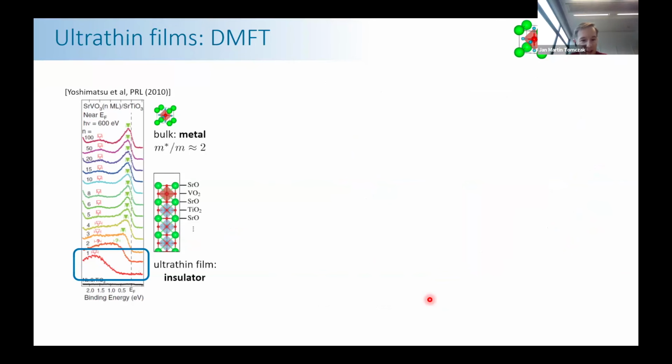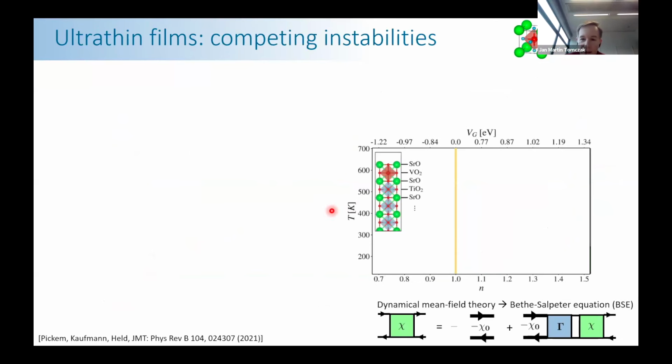And to make things easy, we use really the monolayer. We just use one unit cell of strontium vanadate on top of this STO film, with a wrong termination, compute still within dynamical mean field theory the physical susceptibilities and look for instabilities there. And we're doing that for both terminations, so the wrong one and the one that is actually observed.